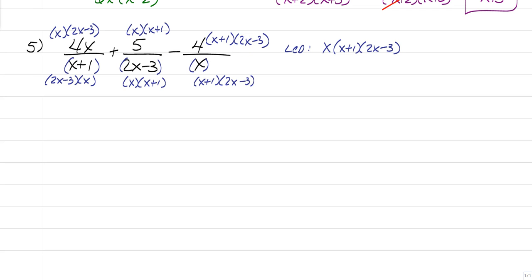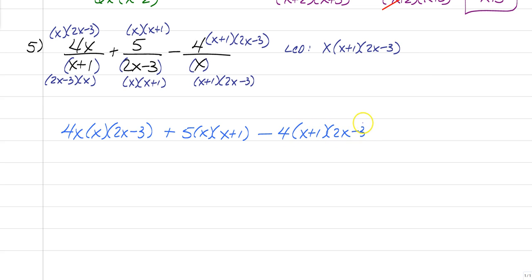So if you think about it, the first one you have 4x times x times 2x minus 3 plus 5 times x plus 1 minus 4 times x plus 1 times 2x minus 3.